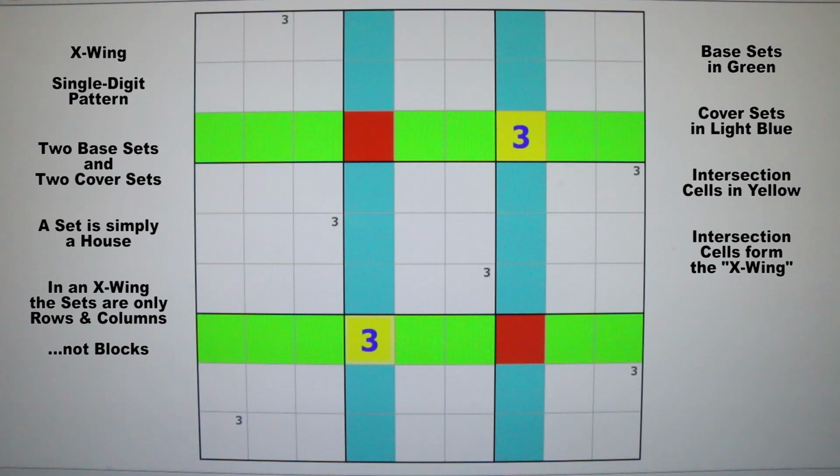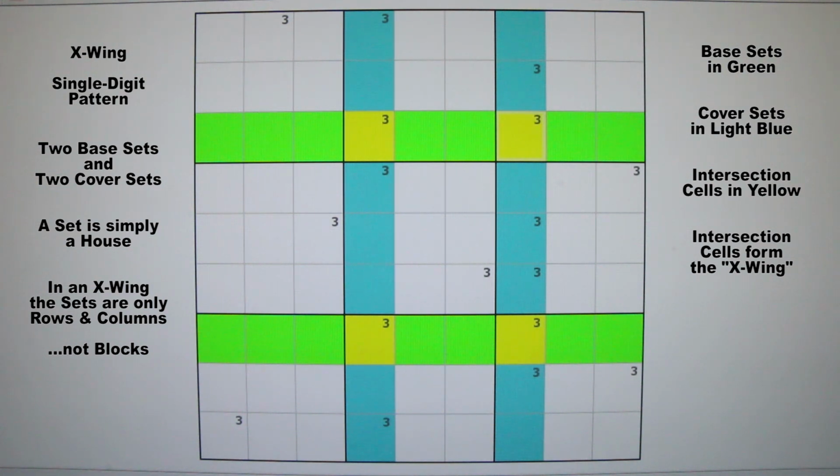This ensures that one of the 3s in those 2 columns in the yellow cells must be true, and therefore you can eliminate all other candidate 3s from the 2 columns that lie outside the intersection cells. Let's first take a look at column 4.